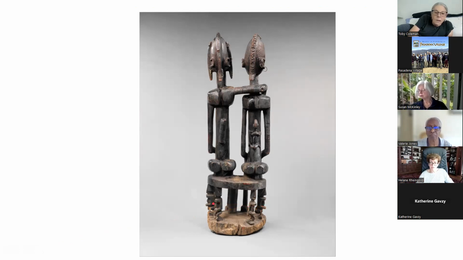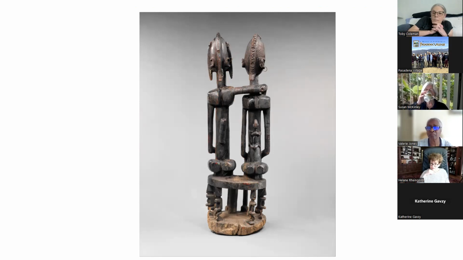I don't see it this way at all. I don't see that these are small people, the ones supporting the stools. They're ancestors. They're there to support them. Okay. Yeah, but they're small figures. Yes, they're small figures, because if you made the figures as big as these figures were, it would be unwieldy to carry around. I see your point.